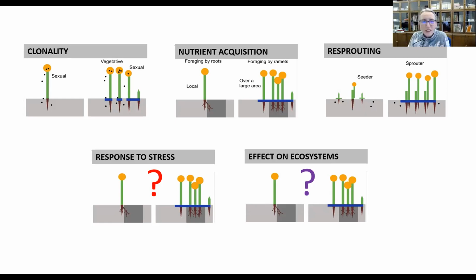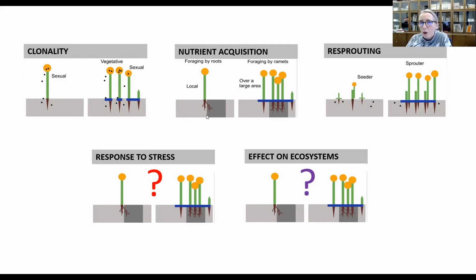So it is included, of course. So of course, one function is clonality: it is vegetative regeneration, a demographic function. So a plant may reproduce not only sexually, but vegetatively as well. But it plays a role in nutrient acquisition as well.